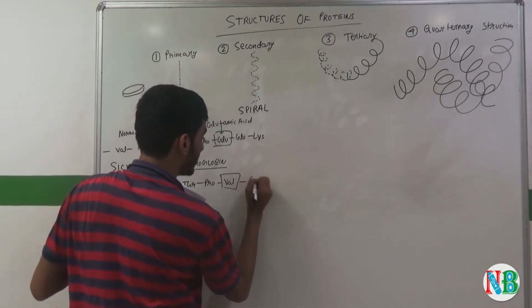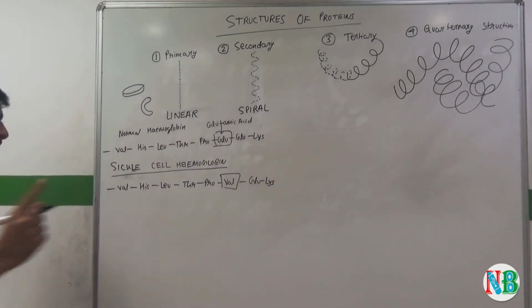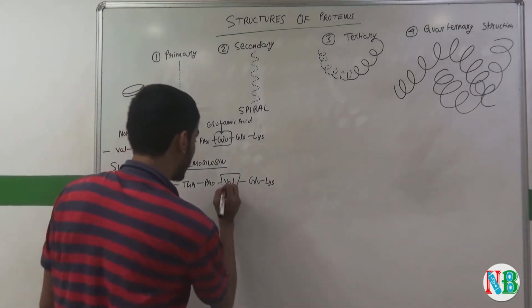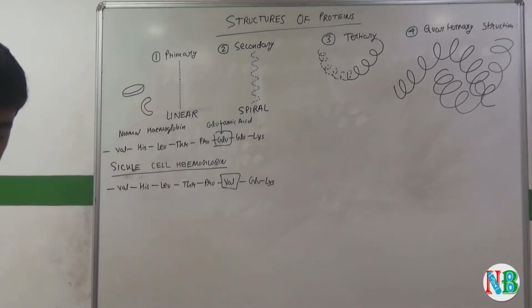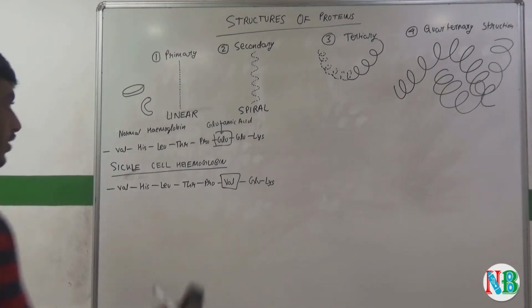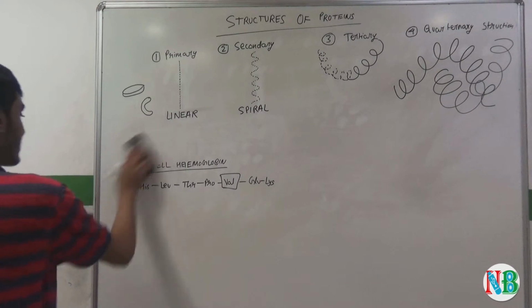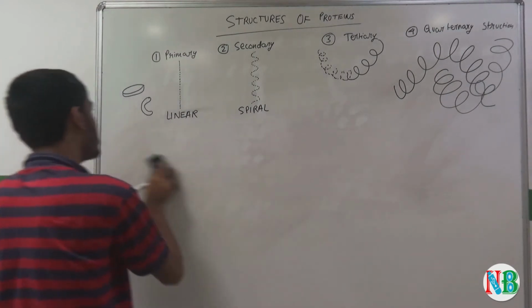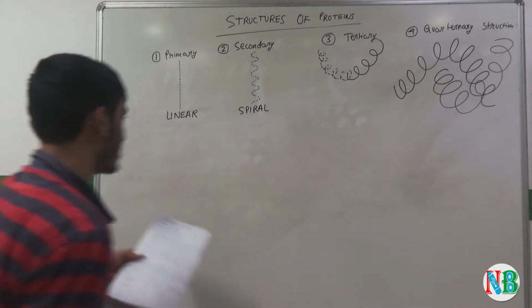Then the rest is the same. So if you change just one single amino acid, the overall structure changes. In the primary structure we only see how the alpha amino acids are arranged with each other. If the arrangement has changed, the shape and all the other properties will change.